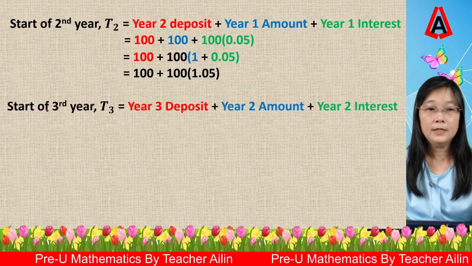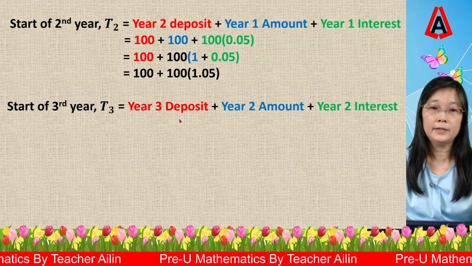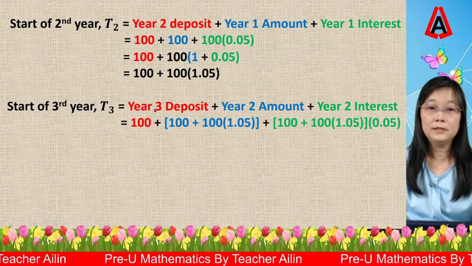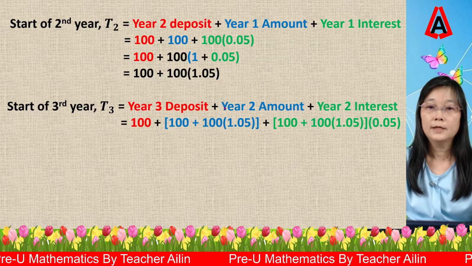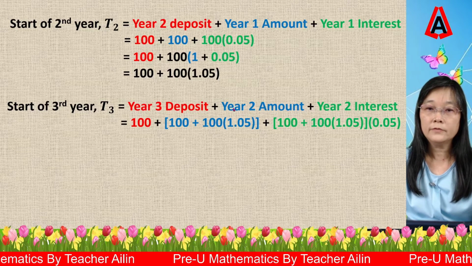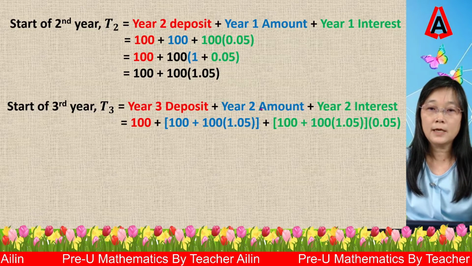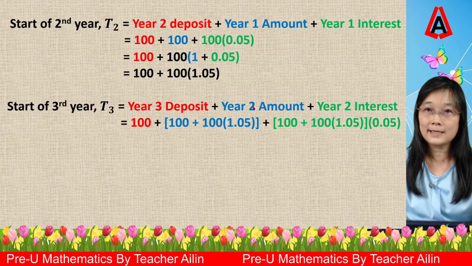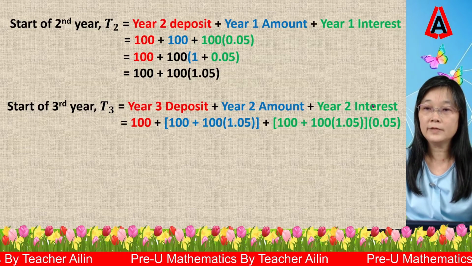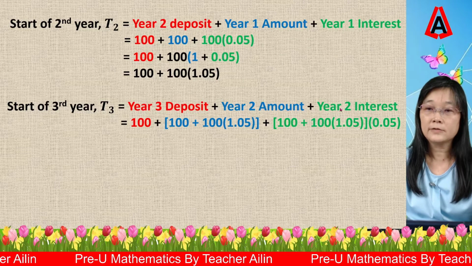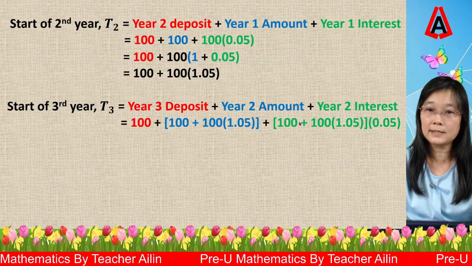So at the beginning of year 3, we will receive three kinds of money. First one is the year 3 deposit, that is 100 ringgit. Then we will also receive the money that is carried forward from the second year. And at the same time, we also receive the interest based on the total investment in the second year.